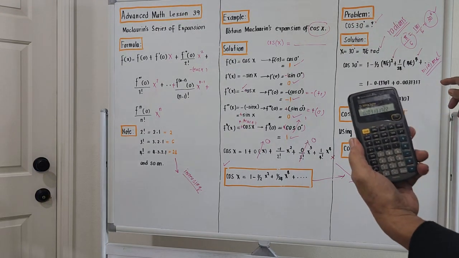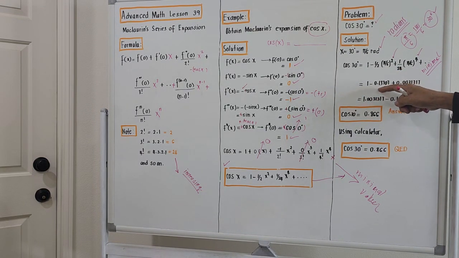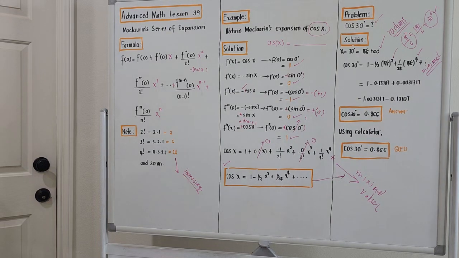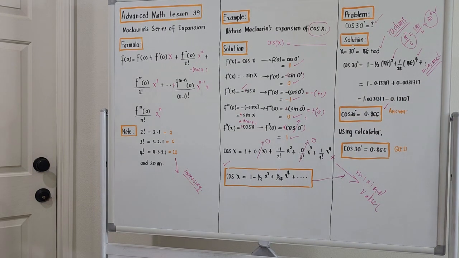0.00313. Okay? So if we try to add 1 plus this, it will be 1.0031317 minus 0.13707. And if we subtract this, approximately the value of cosine of 30 degrees is 0.866. Okay?